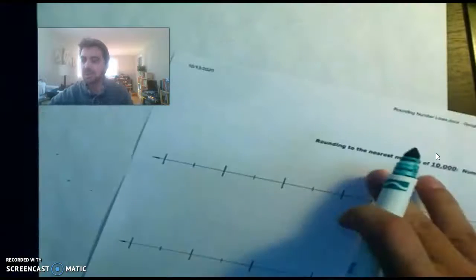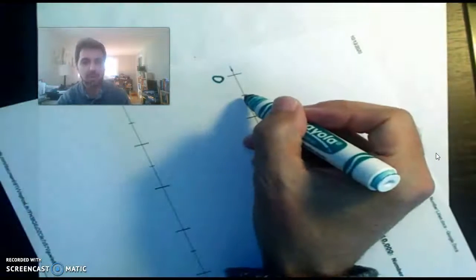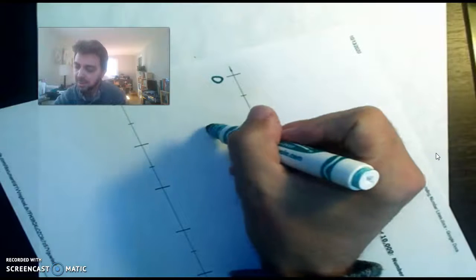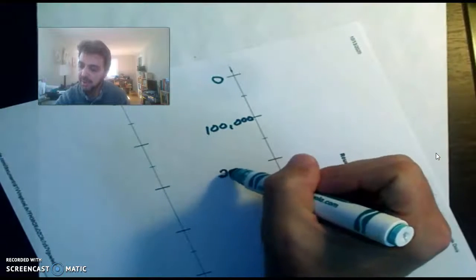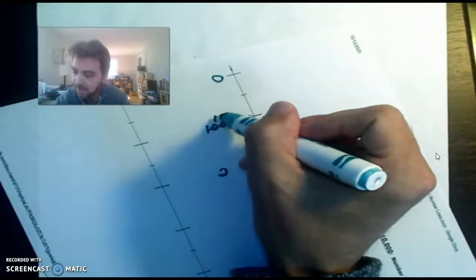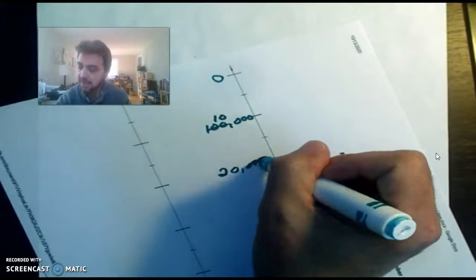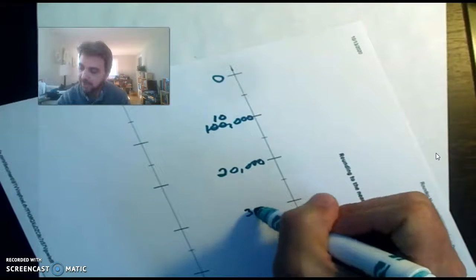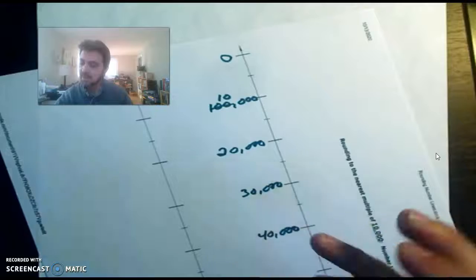As always, we put a 0 at the beginning. Okay, and we skip over the little one and we go to the bigger one. So this would be 10,000, not 100,000. Silly Mr. McAndrew, making mistakes. So then we have 20,000. We have 30,000. We have 40,000.